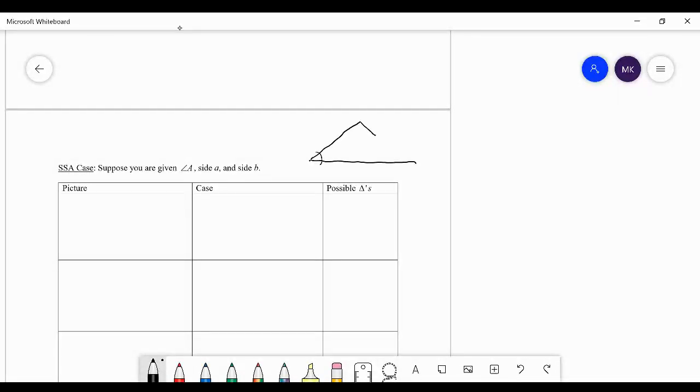So this right here is our angle A. This is our side B. And this is our side A. What we also have to consider in this is this value here. So this is that height H. Now, the reason I've drawn A really short, you're like, that doesn't make a triangle. A is this length that we don't know what it is. So A could be this short, it could be longer, it could be, whatever it could be. And that is really what's going to be determined in these cases.